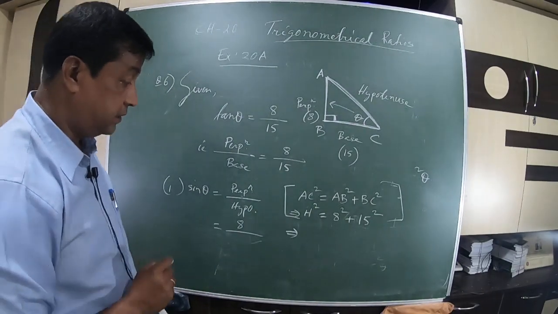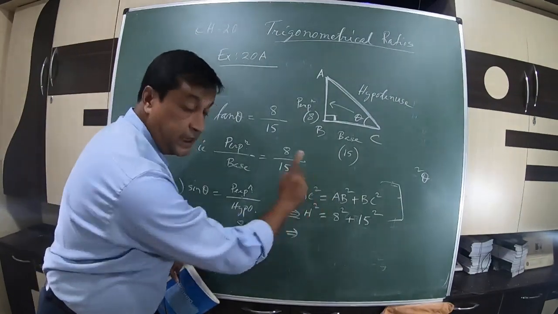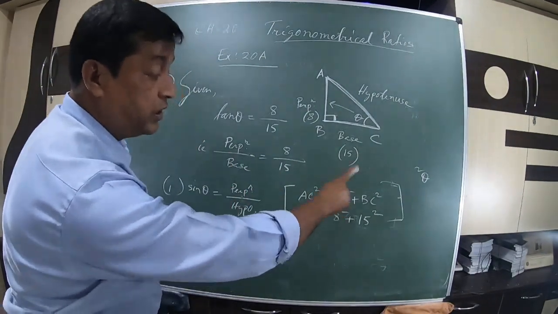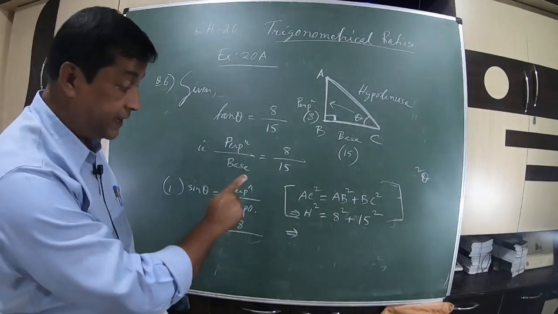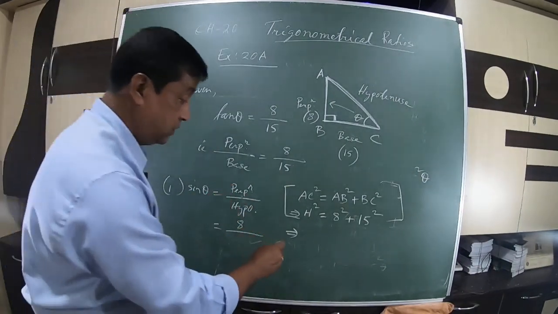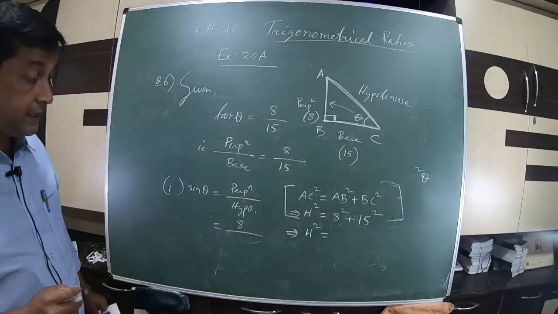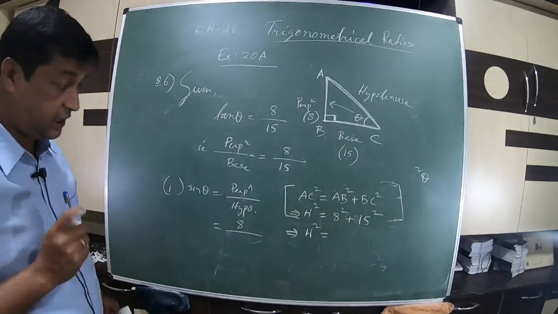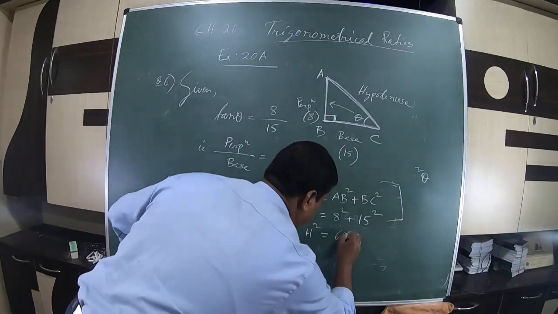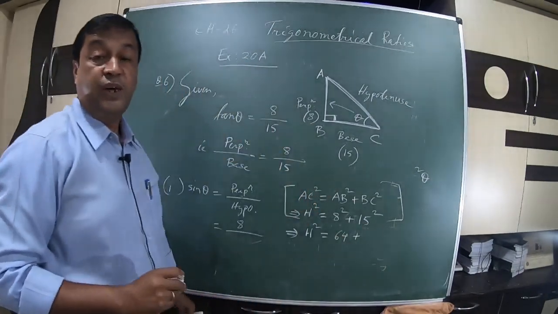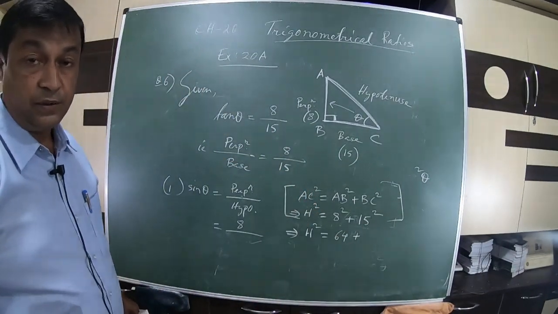Okay. Now, if you use the Pythagoras theorem, H square equal to P square plus B square. So H square, that is hypotenuse square, you have to find out. So H square equal to, now if you take the square of 8, how much will you get? 64. Is not that? 64 plus 15 square, that is how much? 225.